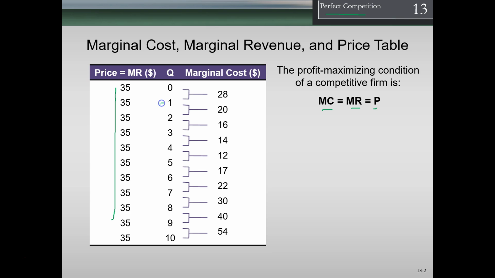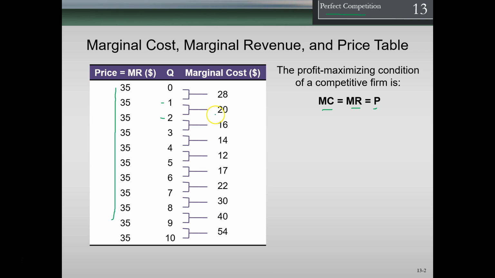Then if we go from 1 unit to 2 units, the cost went from 28 to 48, a difference of 20. So for us to produce that first unit it cost $28, and to produce 1 more unit, going from 1 to 2 units, it only costs an additional $20.